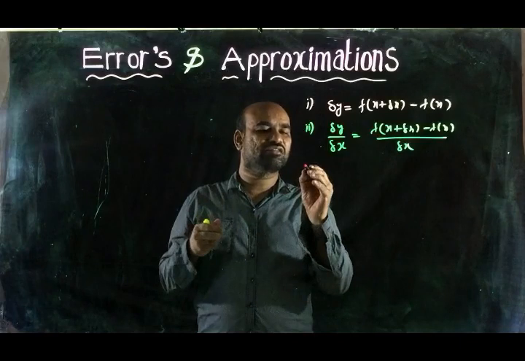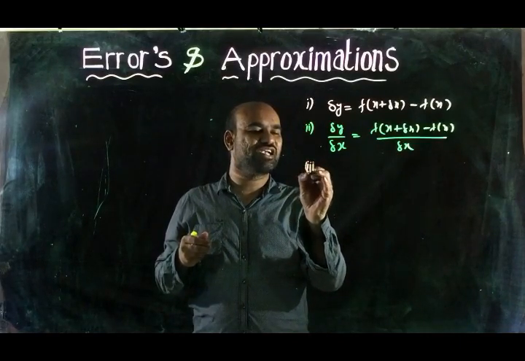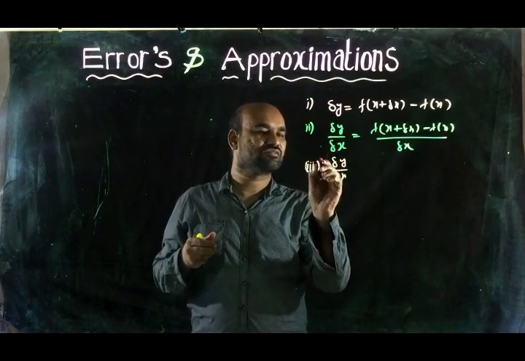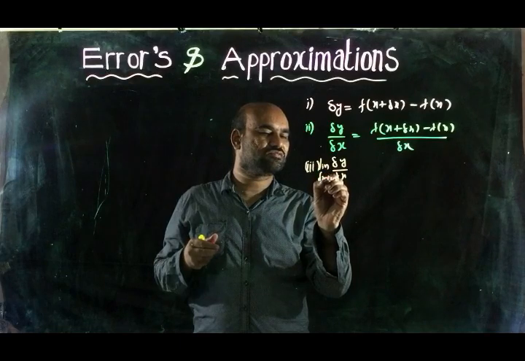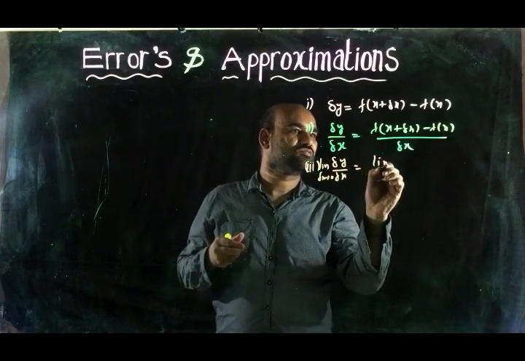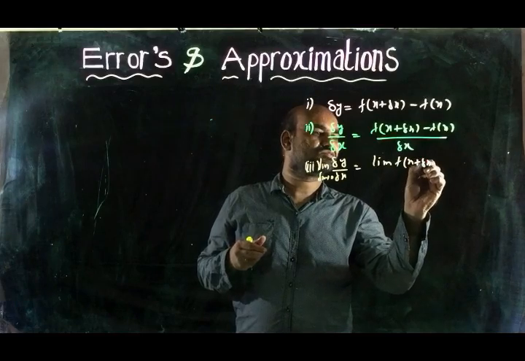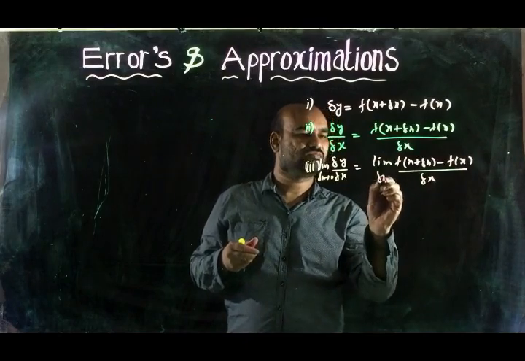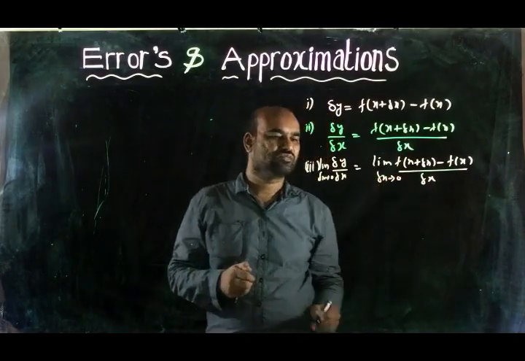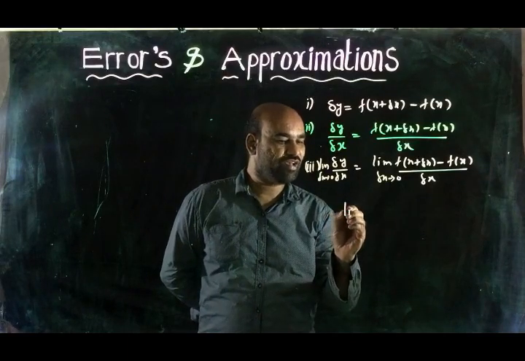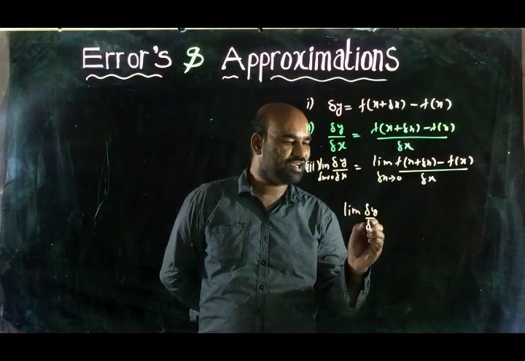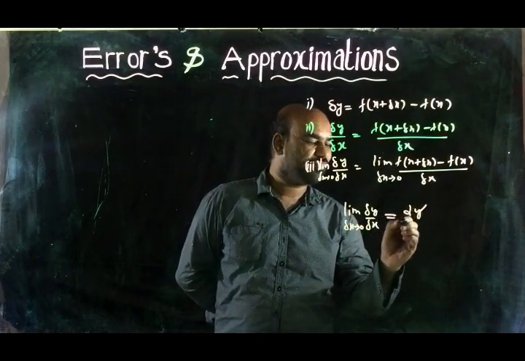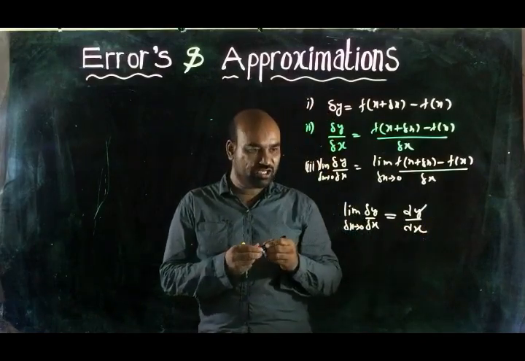So by using the third one, we can find the instantaneous rate of change of y with respect to x. Here the important thing is that the limiting value of delta y by delta x, where delta x tends to 0, is the same as dy by dx. These two are equal.